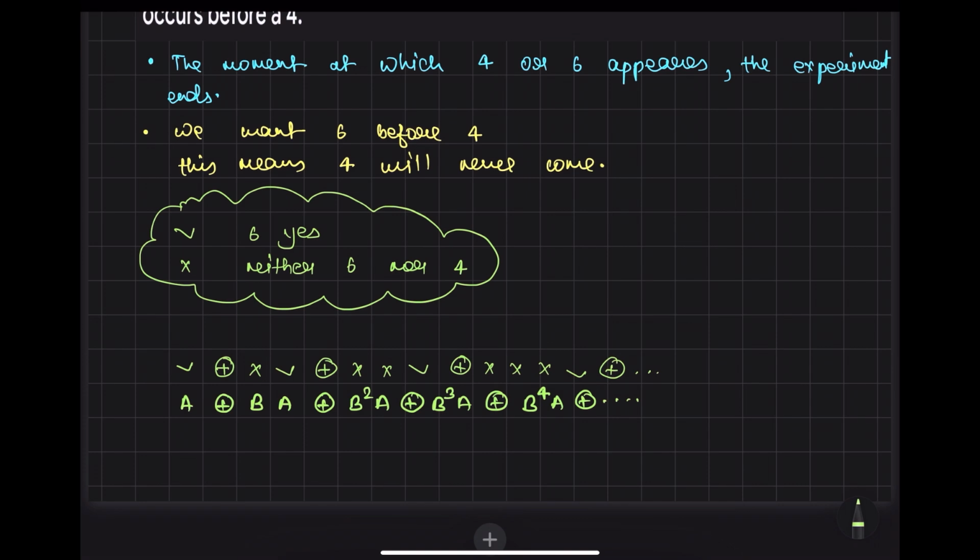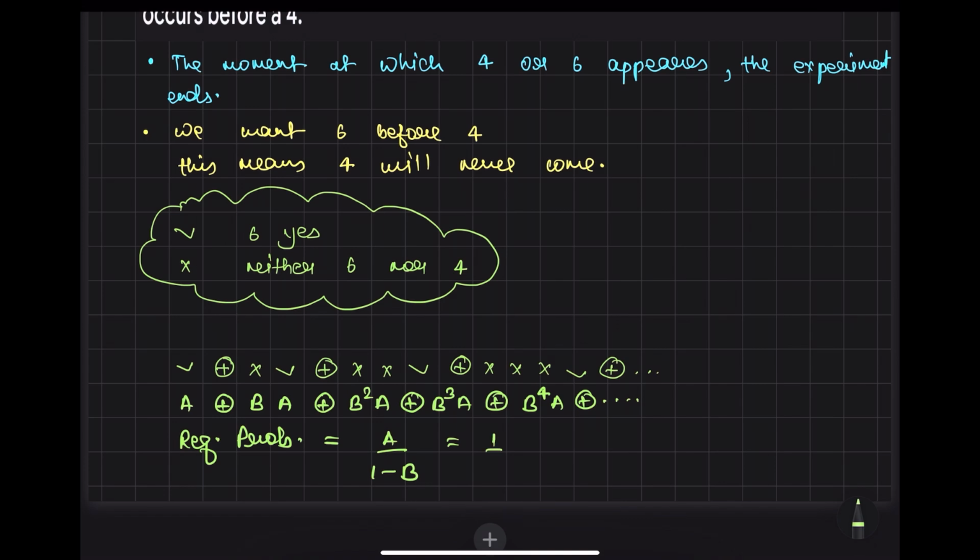Okay, if you observe this, you will find that it is in GP. So can I say that the required probability is the sum of all these terms, and it is infinite. So A by 1 minus R. So who is A? A was yes, means what is the probability of getting 6?